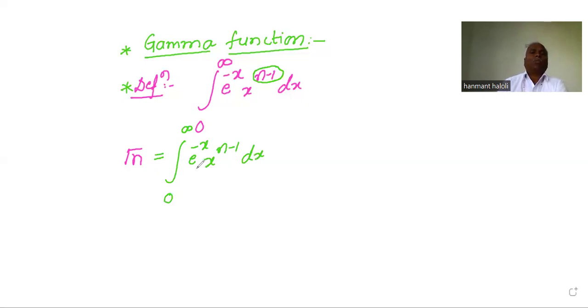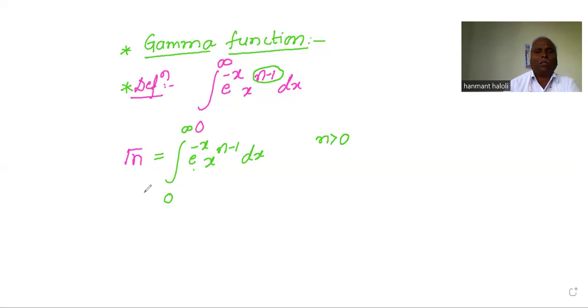Both integrands, e raised to minus x and x raised to n minus 1, are infinitely integrable and infinitely differentiable functions, depending on n. Here the number n is always positive, and this is the integral formula for the gamma function.